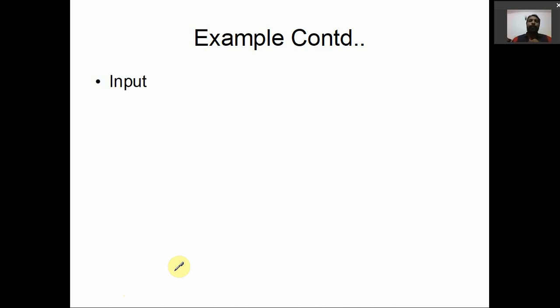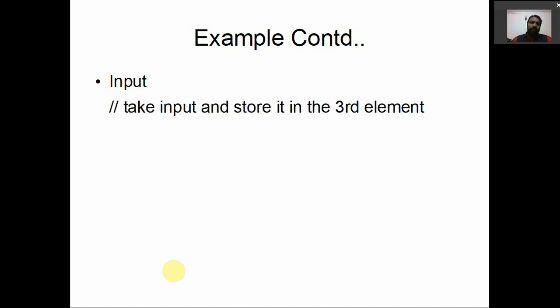Next, how to input values. If you want to get values from the user, how to get those values? Here also we can use the scanf statement. If you want to take input and store it in the third element, you can simply write scanf %d. With scanf, you have to specify the ampersand symbol to show that it should be stored in some address location.